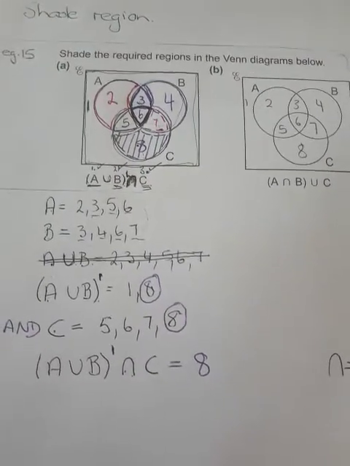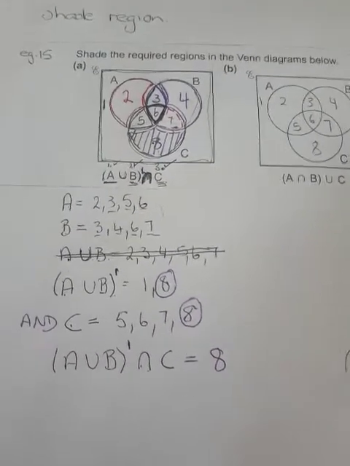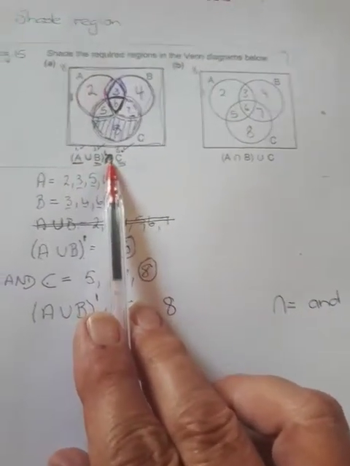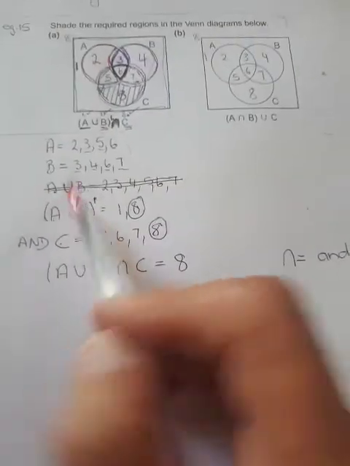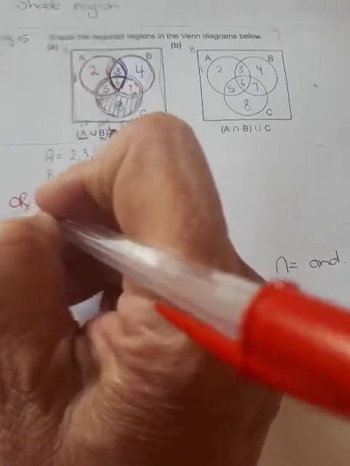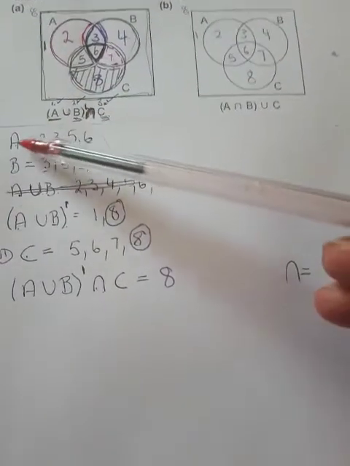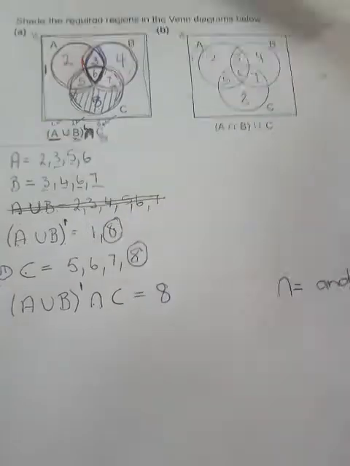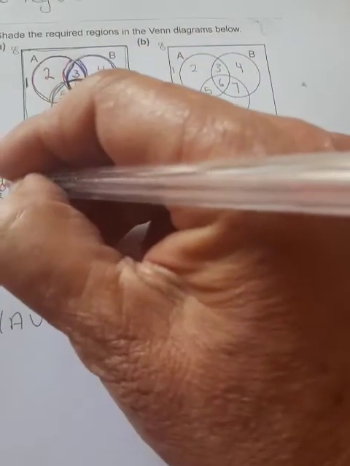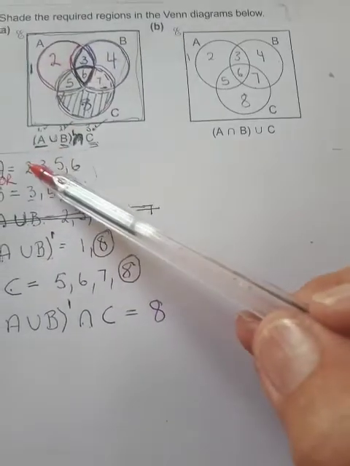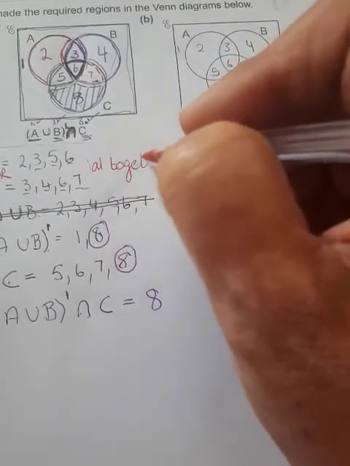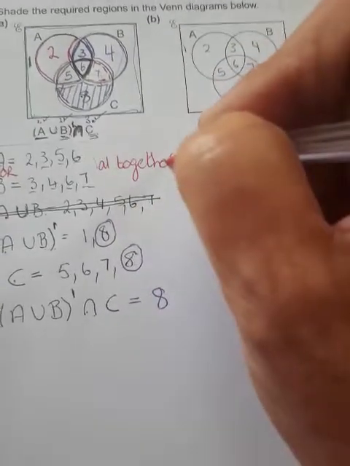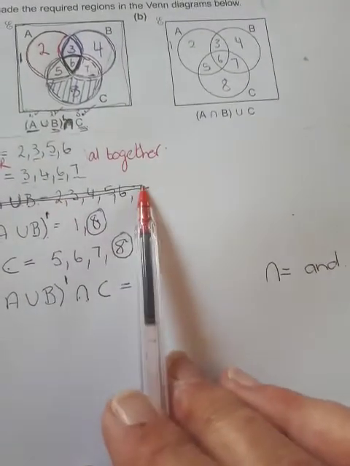Only region 8. What is really important here, people, is that it's a union as well as an intersection. Remember that union means or: anything that is in A or in B, so all together, meaning you must write down all of them.